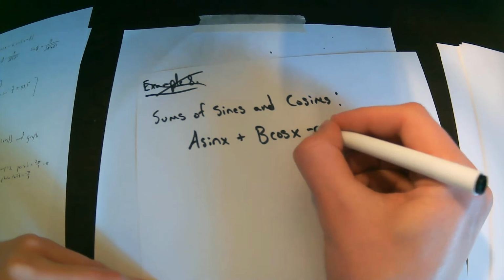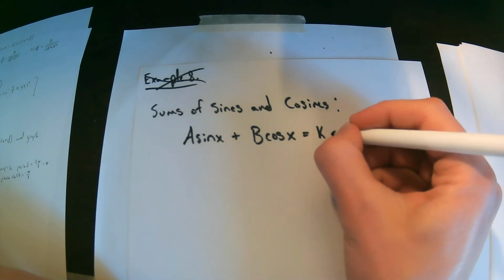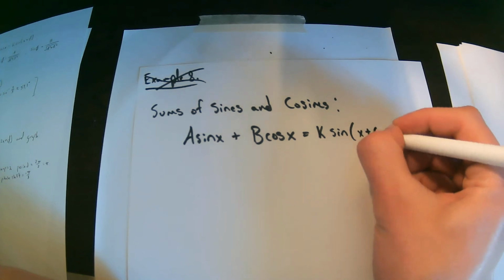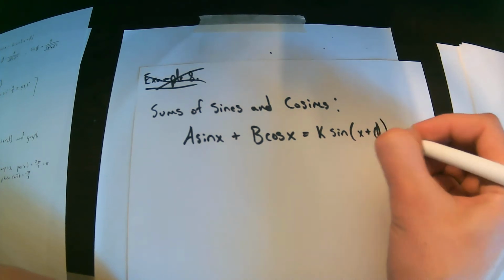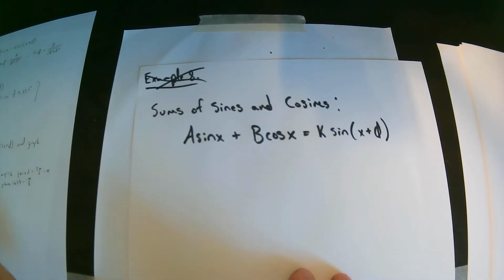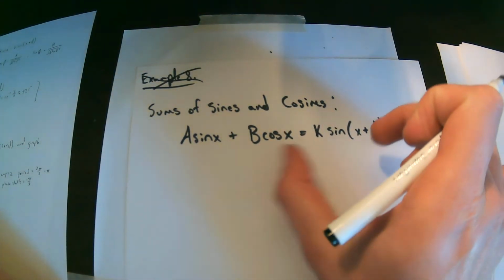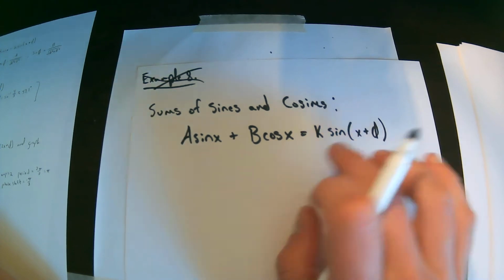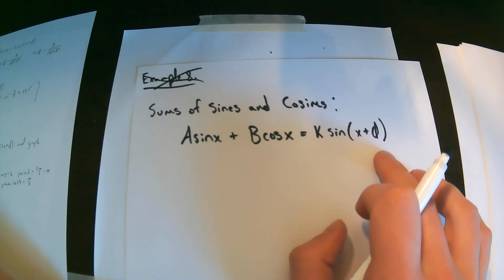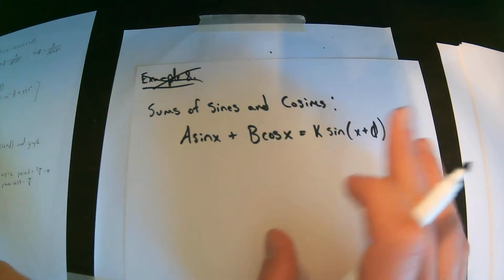And we know, according to the book, that this can be written as some number k times sine of x plus some angle phi. And this is really useful for graphing, for one. If you have a sum of a sine and a cosine, you can condense it down to one in terms of just sine, and you can graph this. Amplitude is here, you'll have a phase shift here, etc.